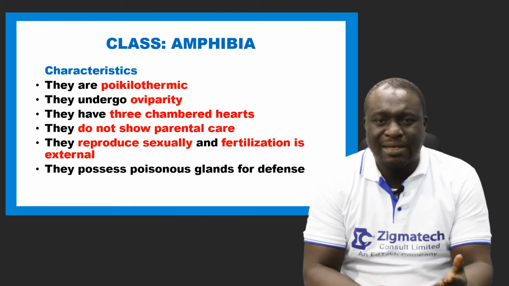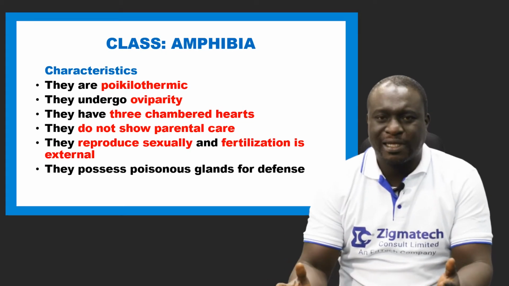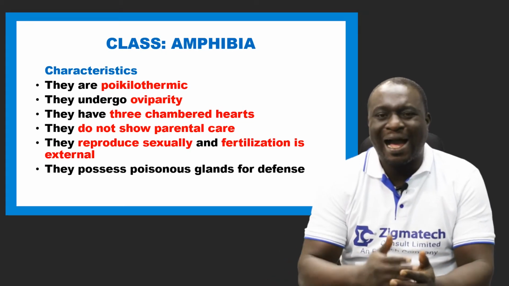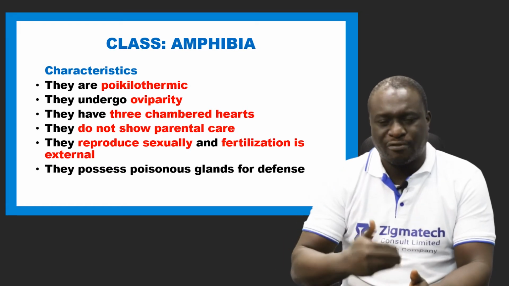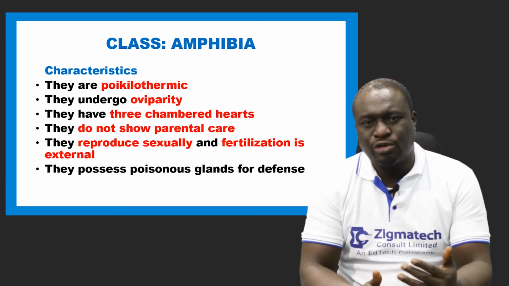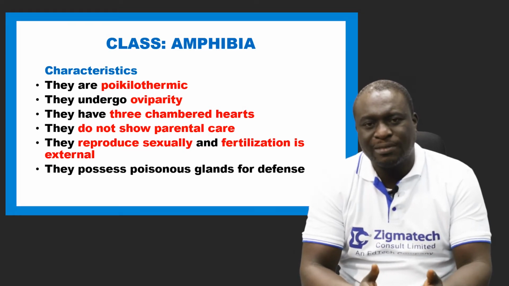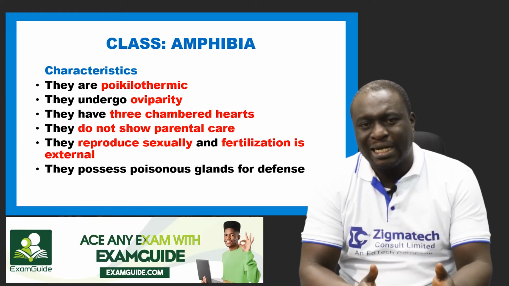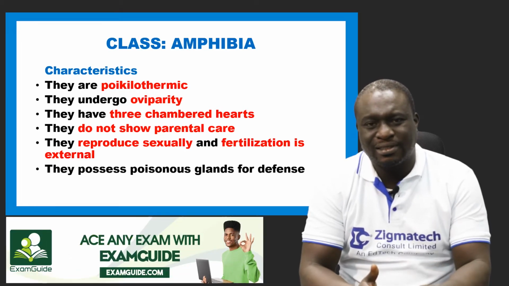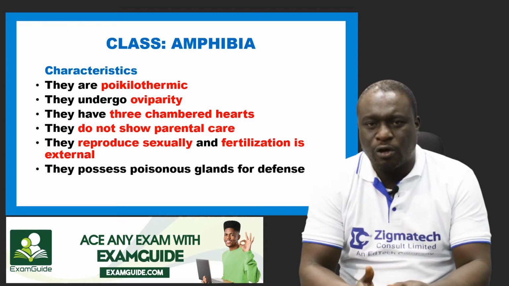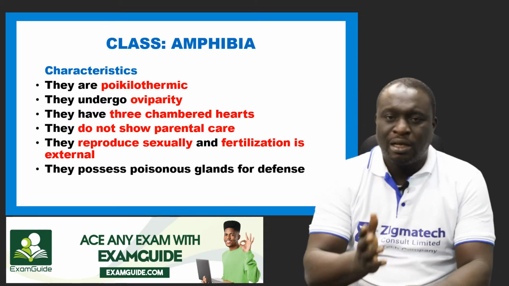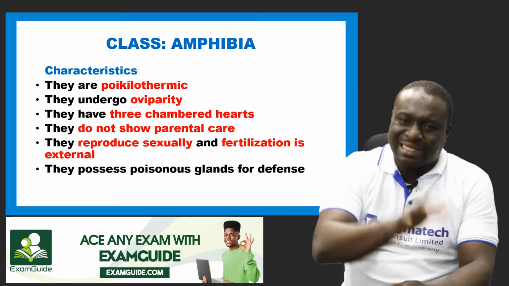So it means that the male sex cell and the female sex cell fuse together outside the body of the female. You know, during reproduction, a female frog goes to a calm water that is not fast flowing and releases her eggs, okay? And the male frog goes to the same place simultaneously.